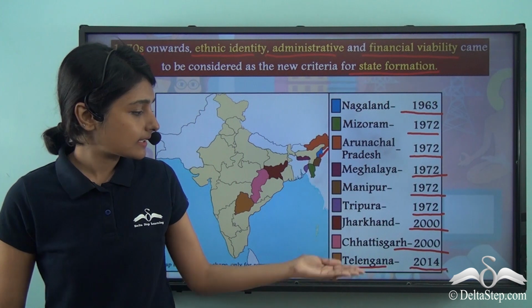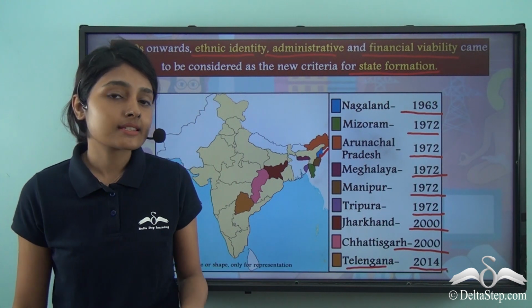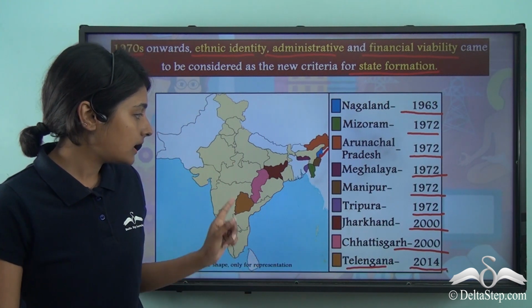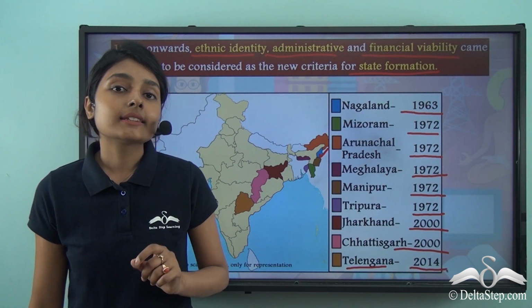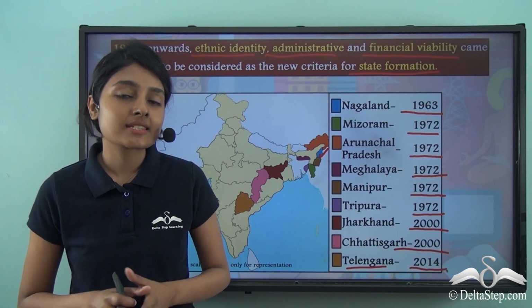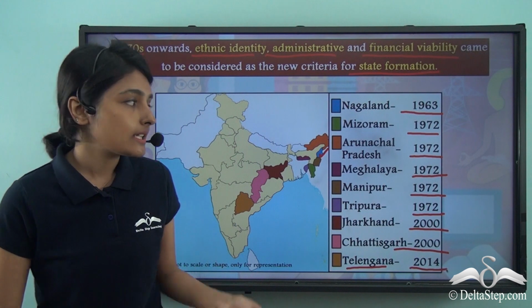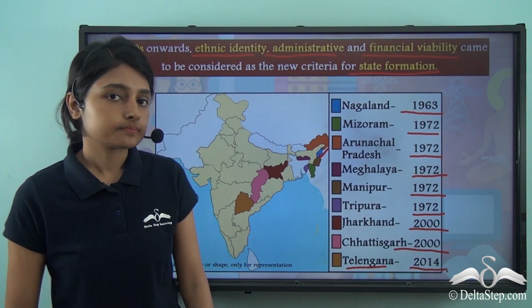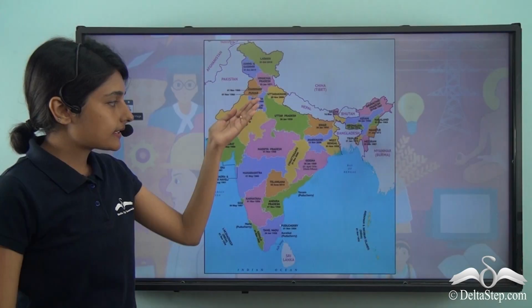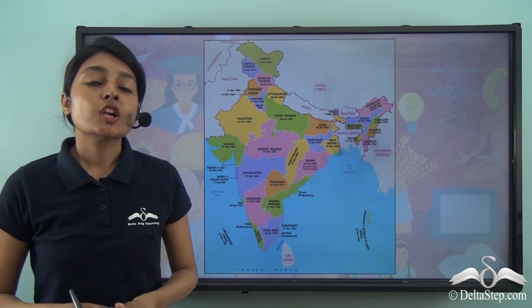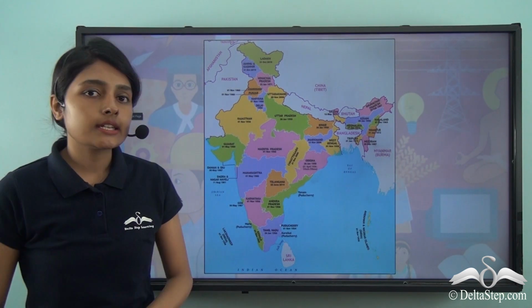And to this end, Telangana was formed an independent state in 2014. Here you can see Telangana, and this became the 29th state to be incorporated in India. This is how India looks today with its 28 states and 8 union territories.